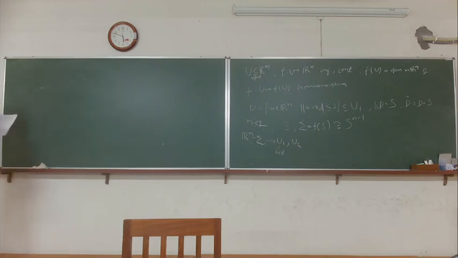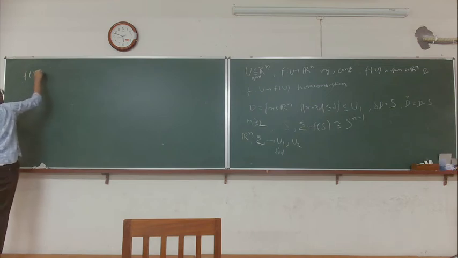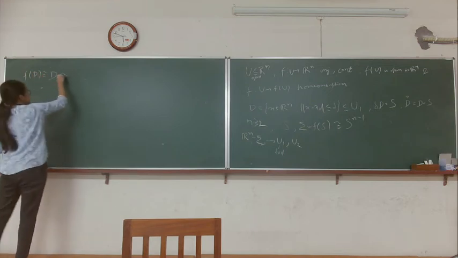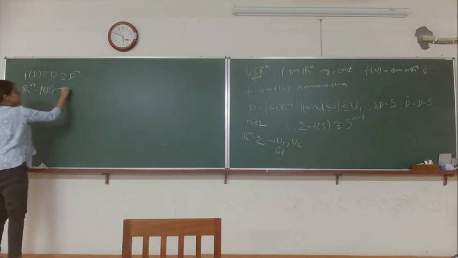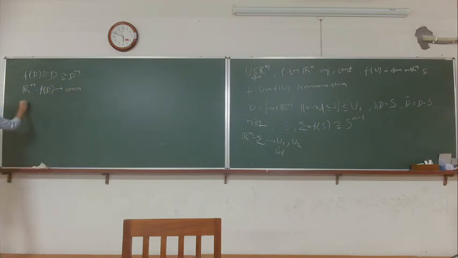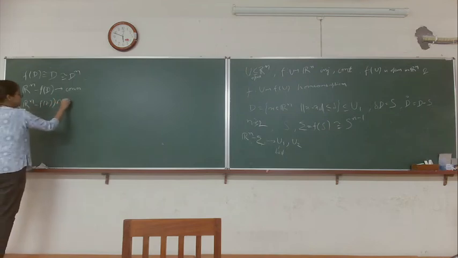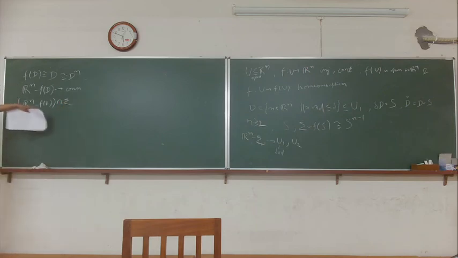Now for any subset A of Rn, if A is homeomorphic to the closed unit disk Dn, then Rn minus A is connected. Now F(D) is homeomorphic to D, which is homeomorphic to the closed unit disk. So from that we get Rn minus F(D) is connected. Now Rn minus F(D) is disjoint from sigma, because sigma was F(S) and S is contained in D, so Rn minus F(D) and sigma will be disjoint.